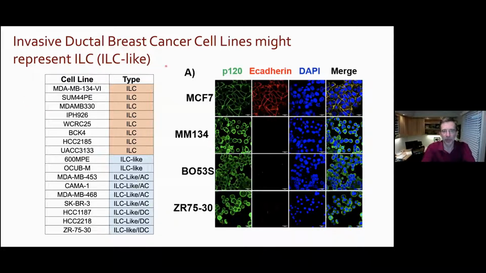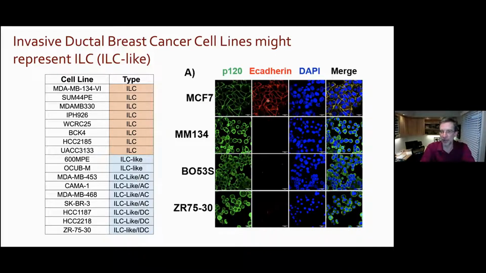So here's an example of these ILC-like cell lines. This is the ILC cell lines. As I told you, there are 8 of them. This is the ILC-like cell lines that phenocopy the ILC. And this is an example of how we show that phenocopying. So this is E-cadherin here in MCF7 cells, that cell line I showed you right at the start. That's an invasive ductal cancer cell line.